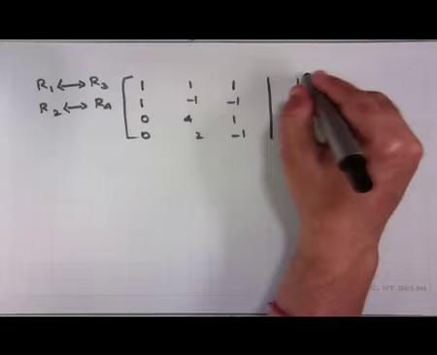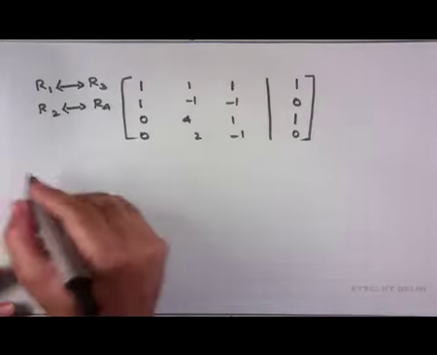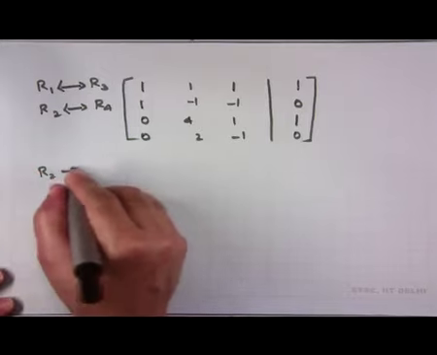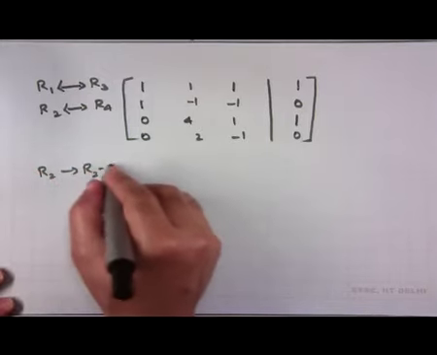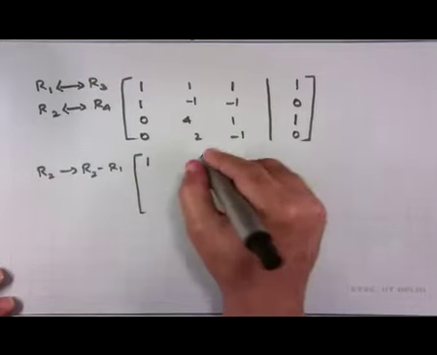Now, let us convert this 1 into 0. R 2 is replaced by R 2 minus R 1, first row remains as it is.